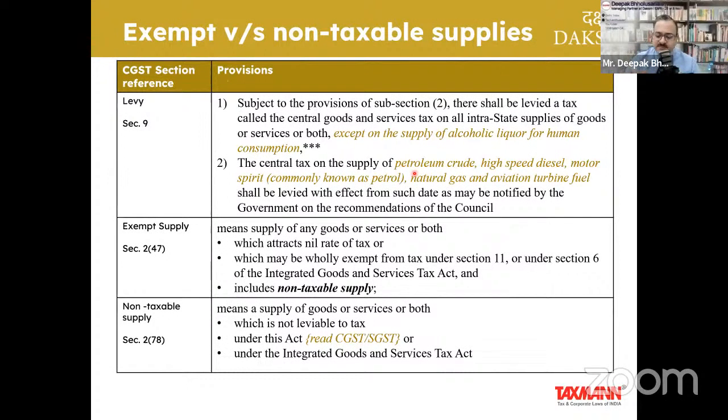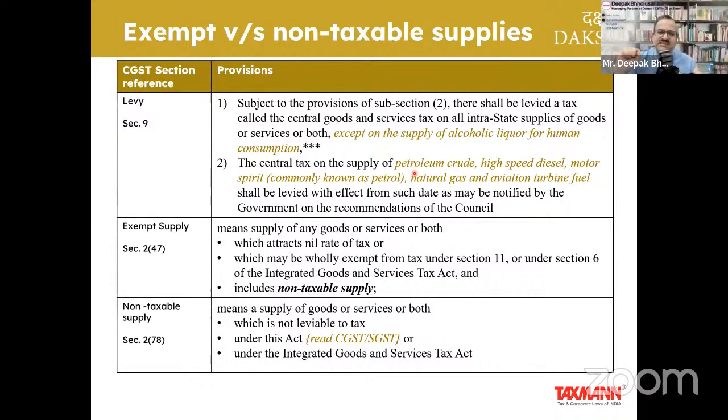Now, what is exempt and what is non-taxable supply? Again, there is confusion in the minds of many people. There is also one term which is generally used, called no GST supply. Now, my dear friend, first of all, this expression no GST supply has not been defined anywhere in the entire GST Act, whether it's the State Act, the Central GST Act, the IGST Act, any Union Territory GST Act, or even the rules.